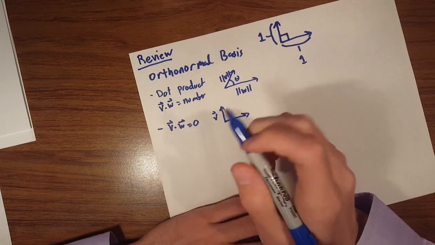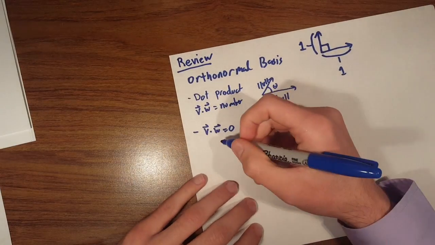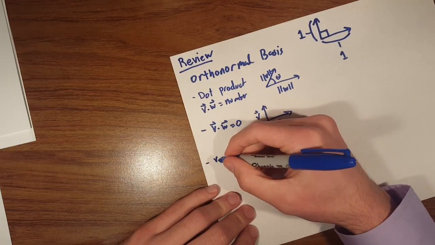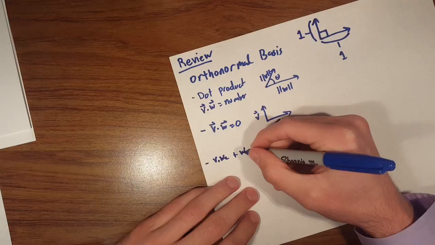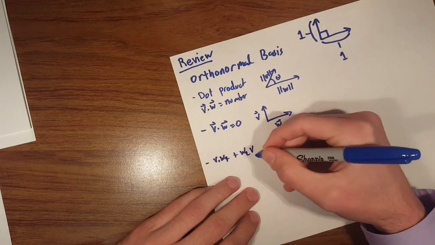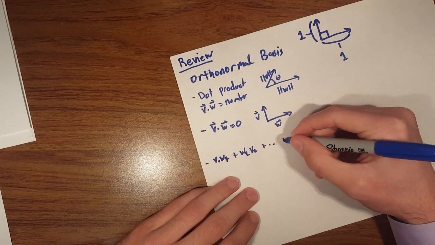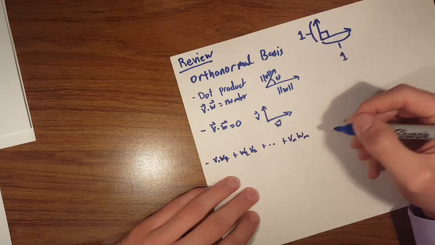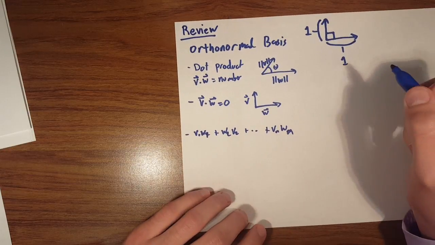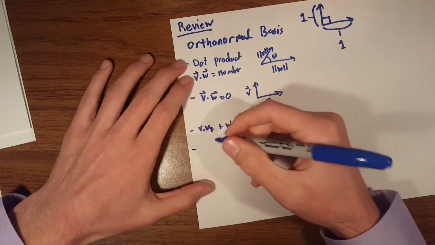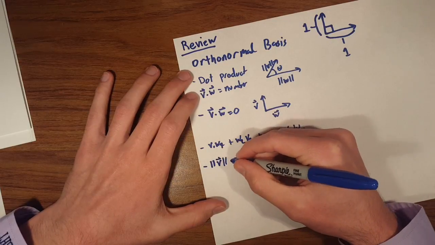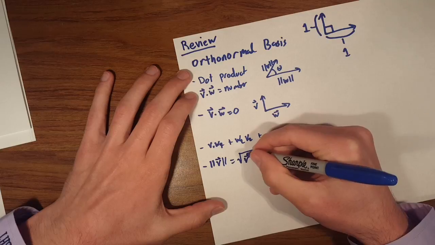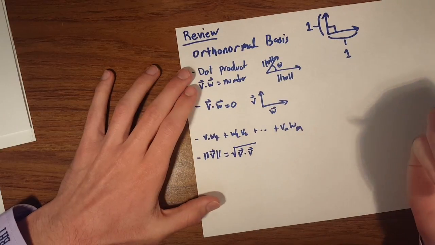We talked about the utility of using an orthonormal basis, giving us a formula for the dot product that is just the components of the vectors multiplied with each other, all the way up to however many dimensions you're working in. And then we talked about the norm of a vector computed from the dot product, which is the square root of the dot product of the vector with itself.